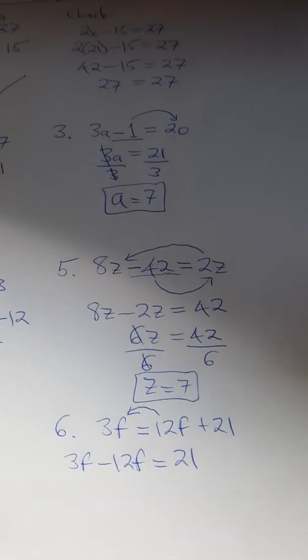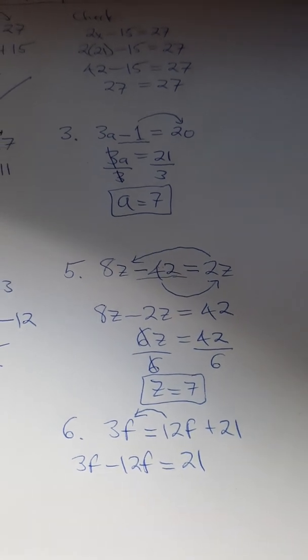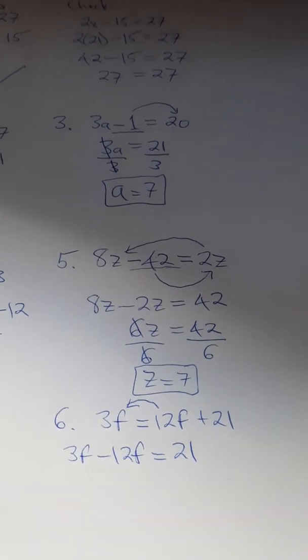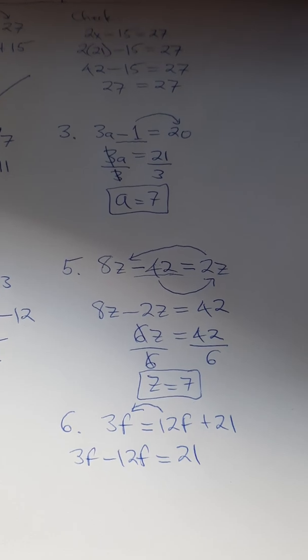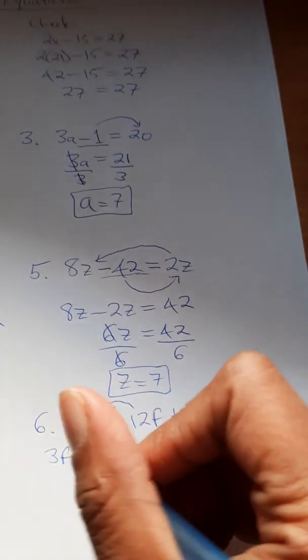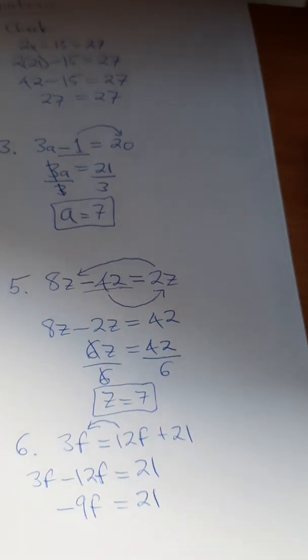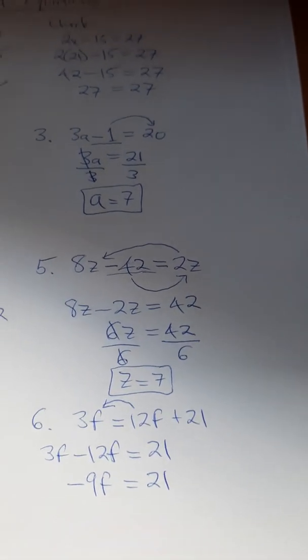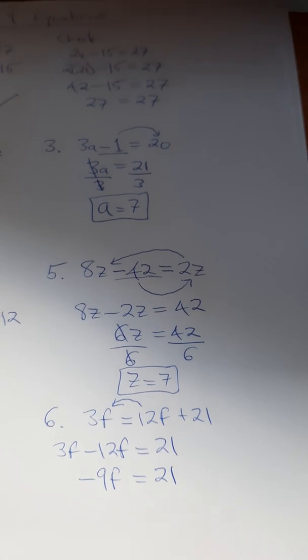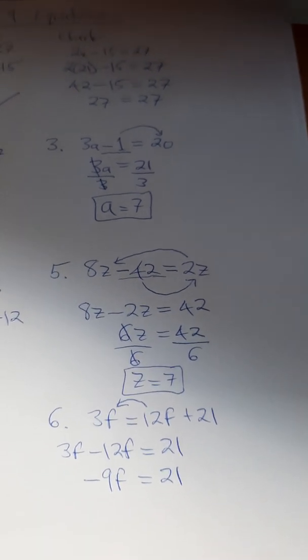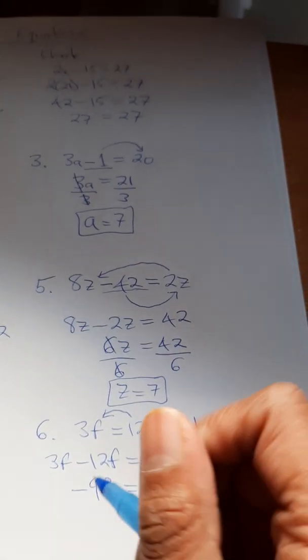So don't worry again if you have a negative value for your f here. So we're doing 3f minus 12f, which is negative 9f equals 21. Okay, so again, I do notice here that we'll probably have to leave our answer as a fraction.